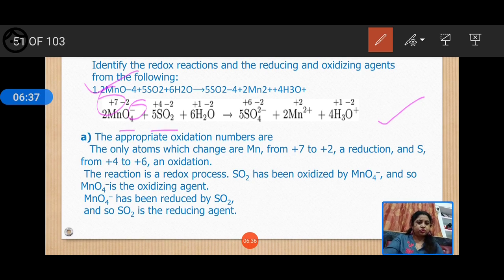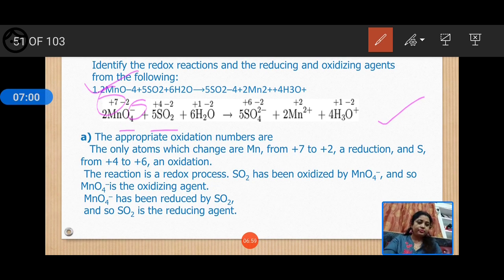Next is SO2. For oxygen, -2. Suppose you don't know the oxidation state of sulfur, we can find it out here. 2 oxygens, 2 twos are 4, -4, equals 0, so S will be +4. Water, H2O.